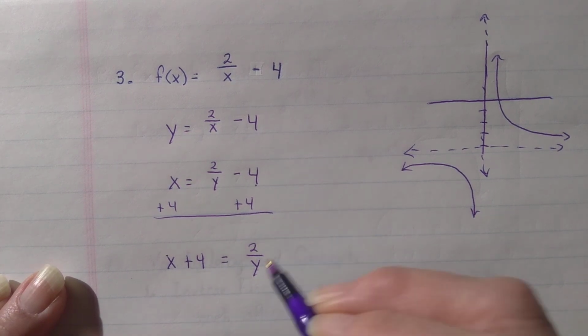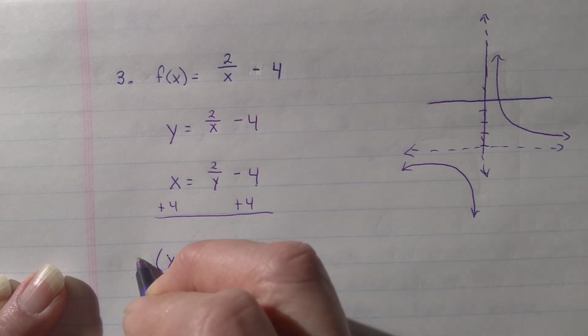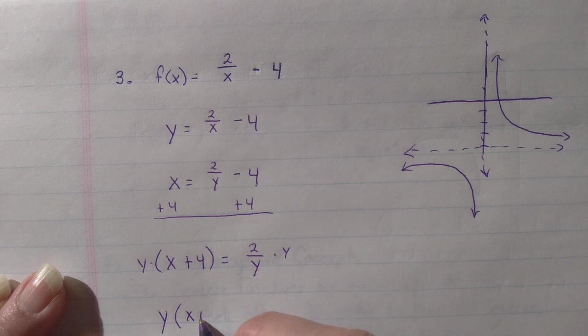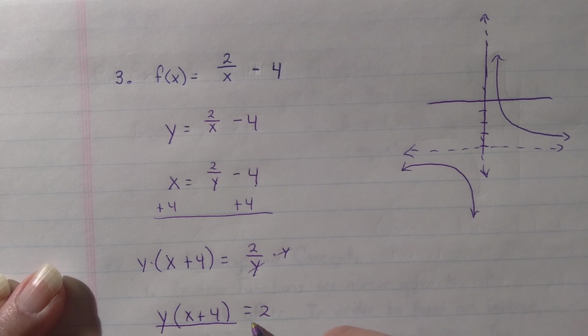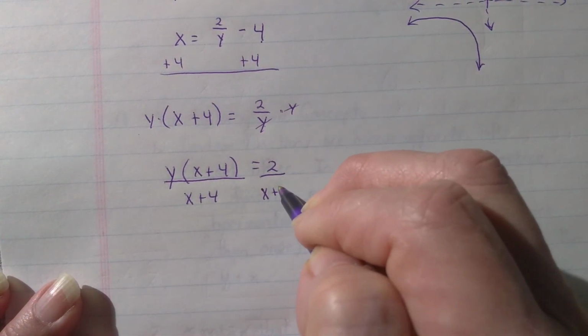Well, that's dividing by y, so I'm going to multiply both sides by y. And I'll have this. Now notice those cancel. I am not going to multiply this out because it's very simple to get that y by itself. Simply divide by x plus 4.